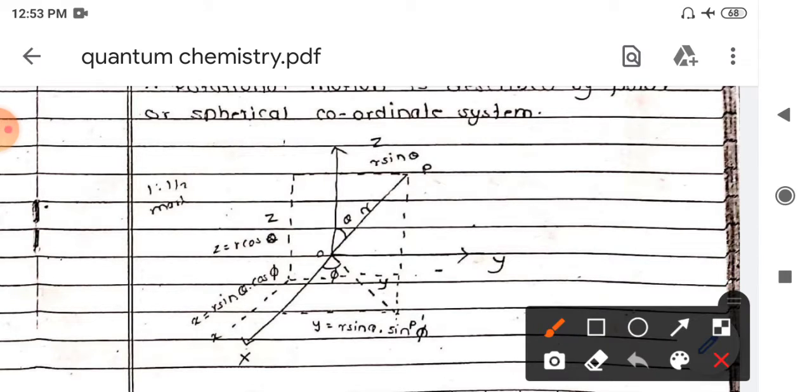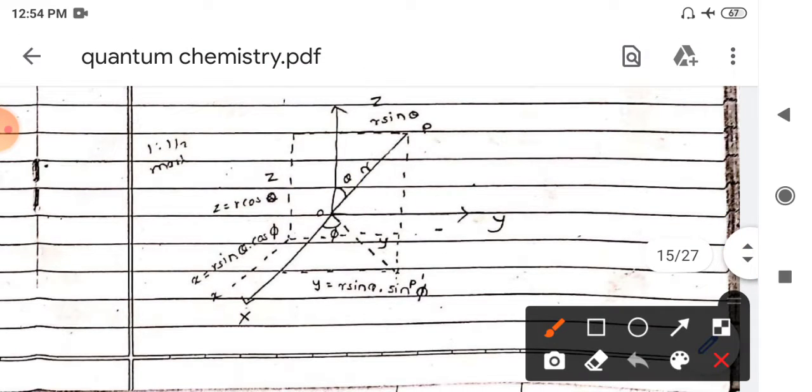So for r we can have any value from 0 to infinity. For theta, the range is 0 to 180 degree, or 0 to pi, because theta is the angle made with respect to the positive direction of the z axis.